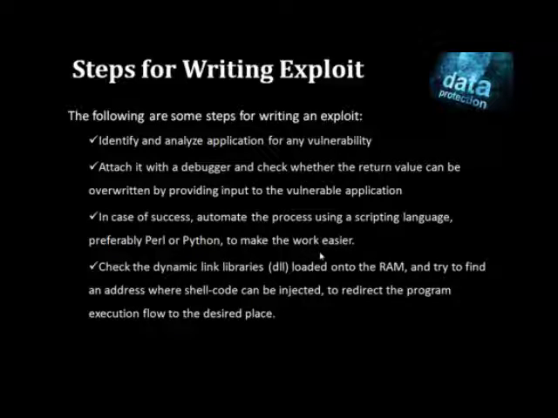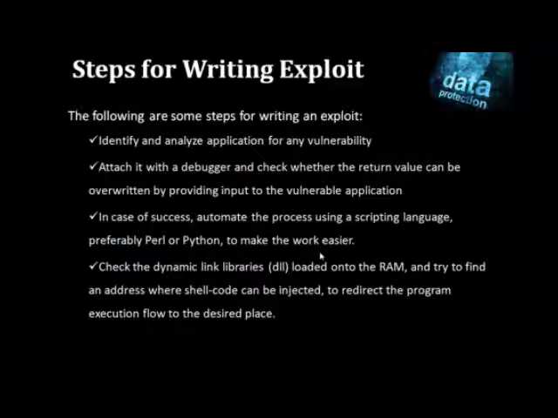In this slide, we shall discuss the process of writing an exploit. For the sake of clarity, I will list the steps in a sequential manner. The steps are as follows. Identify and analyze the application for any vulnerability. Next, attach it to a debugger and check whether the return value can be overwritten by providing input to the vulnerable application.